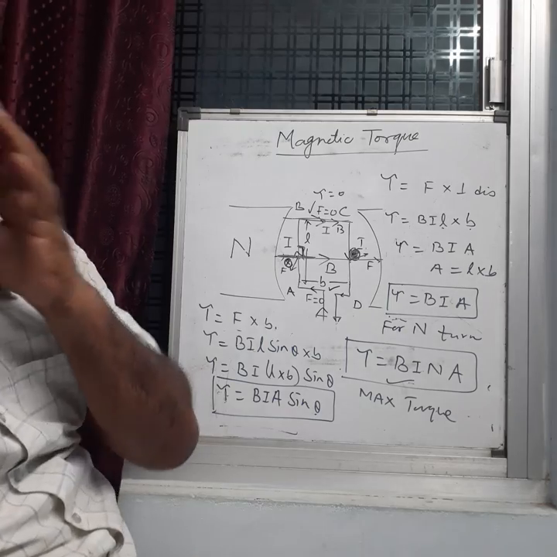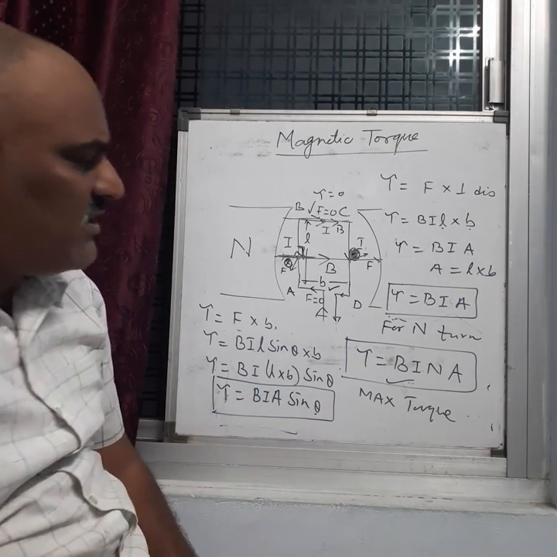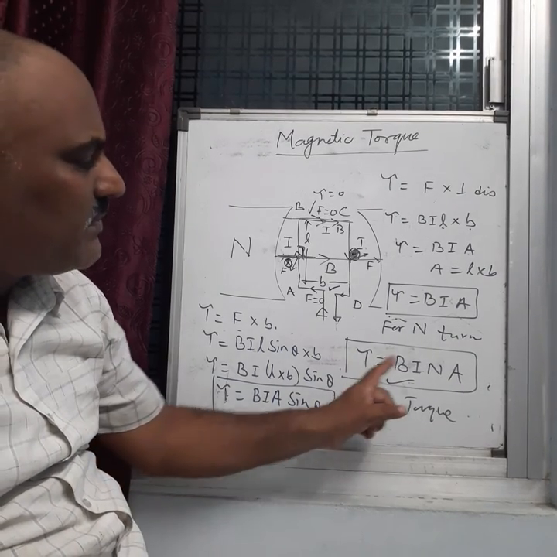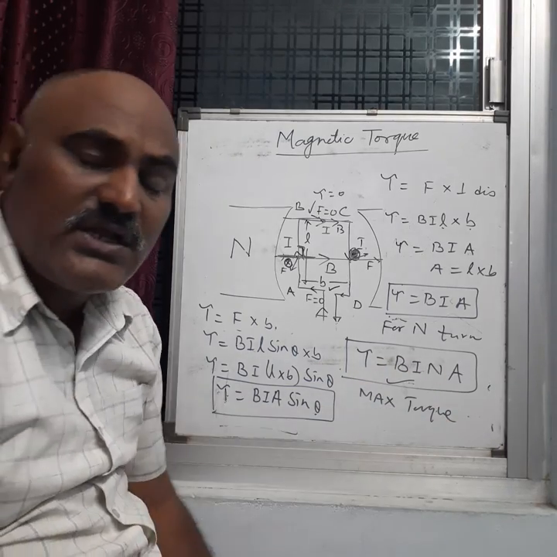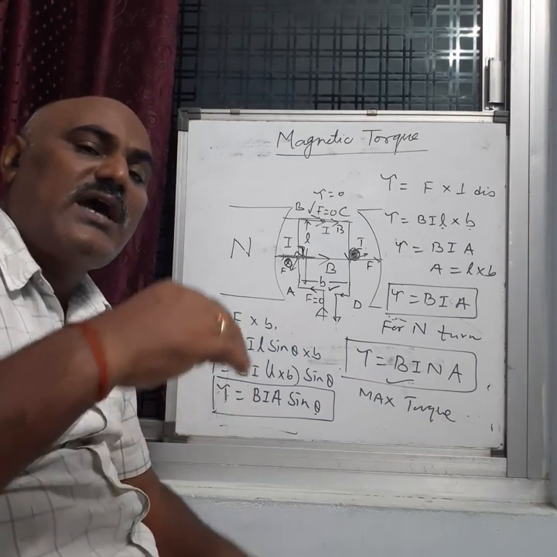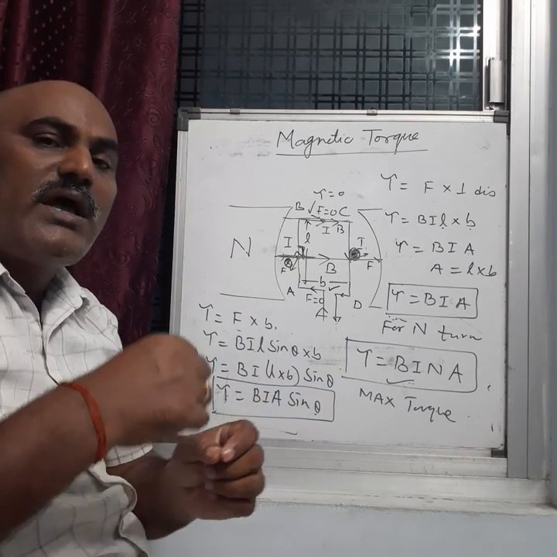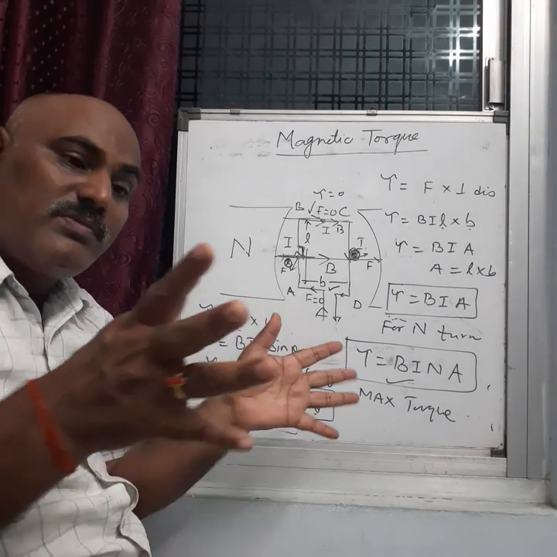Now this concept is very clear. The torque depends on the magnetic field, current, number of turns, and area. N is the number of turns, meaning as you increase the number of windings in the motor, or the number of turns in any device, the torque will be more.